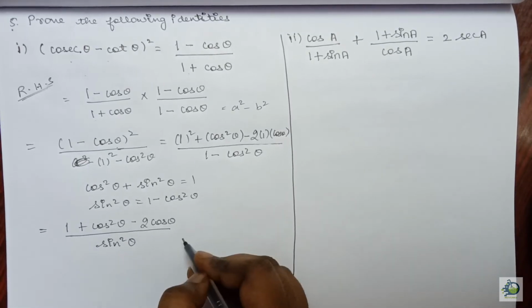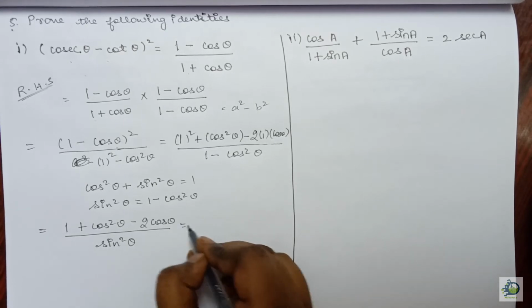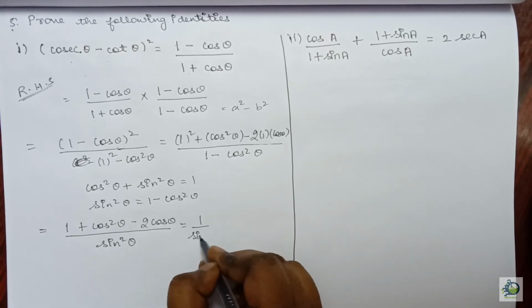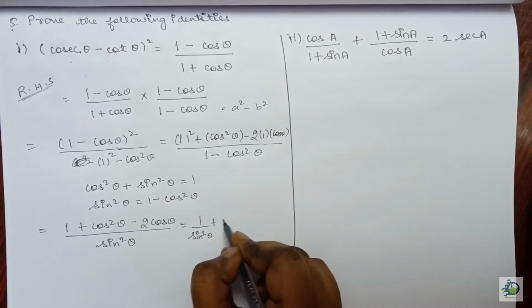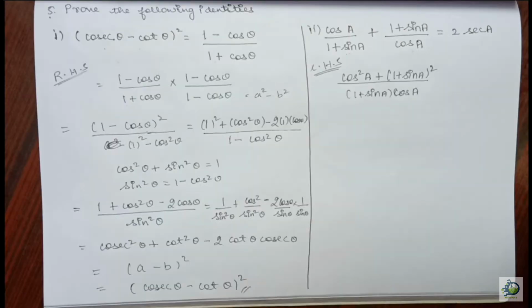Okay, this I can write separately as 1 by sin square theta plus cos square theta divided by sin square theta minus 2 cos theta by sin theta into 1 by sin theta. So this can be written separately, and now 1 by sin square theta we know is cosecant square theta.